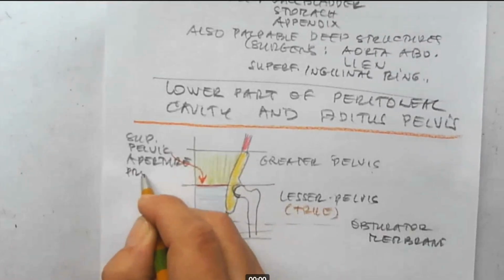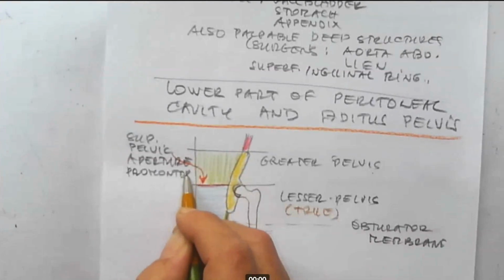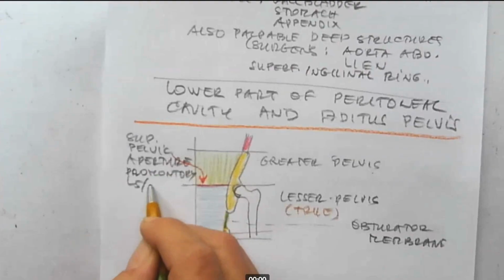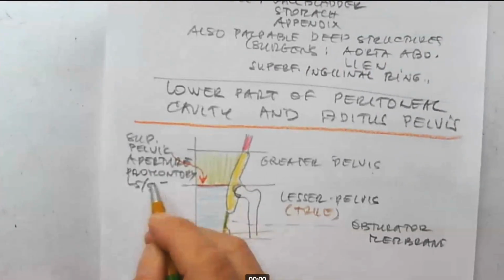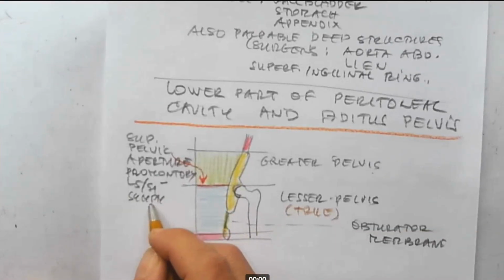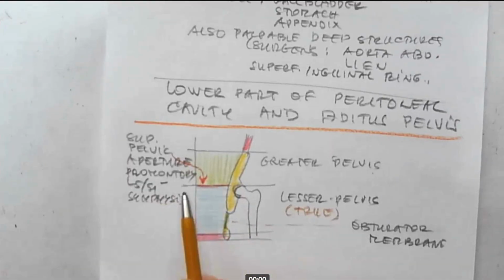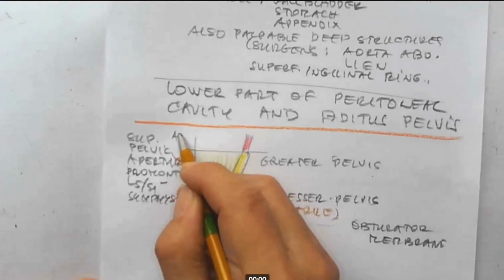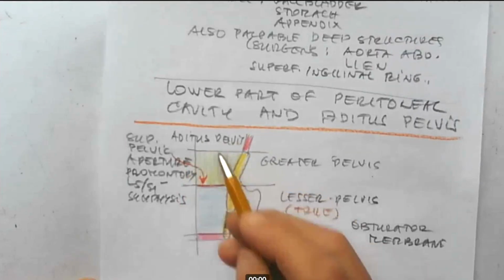This is the plane between the promontory, which we know is L5-S1, one intervertebral disc, and the superior part of the pubic symphysis. That's called superior pelvic aperture, or additus pelvis. Also, we know the word additus pelvis, Latin word, or superior pelvic aperture.